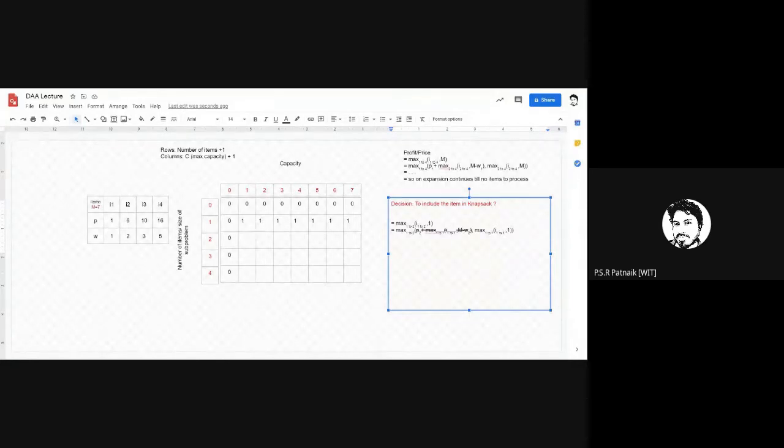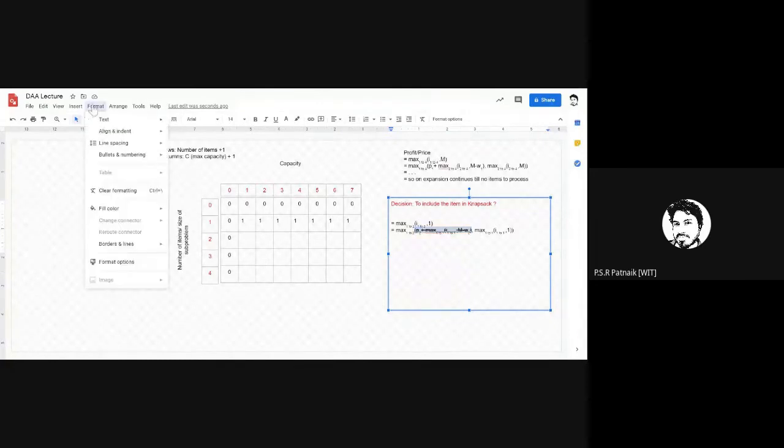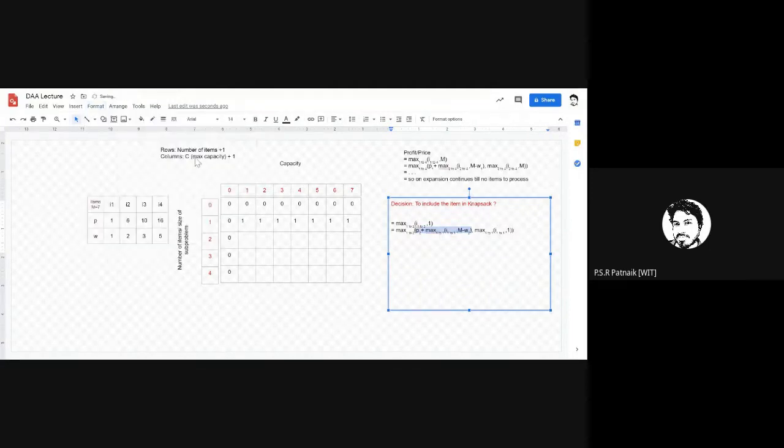So whatever the above equation which I took, can I write it in this way?